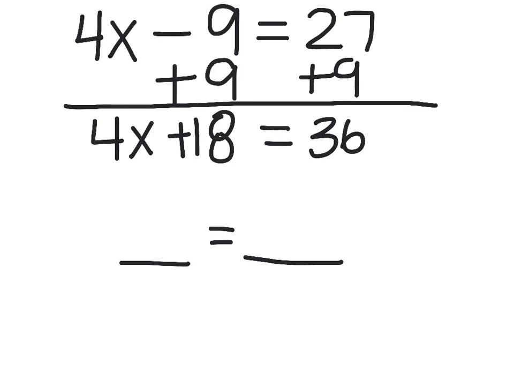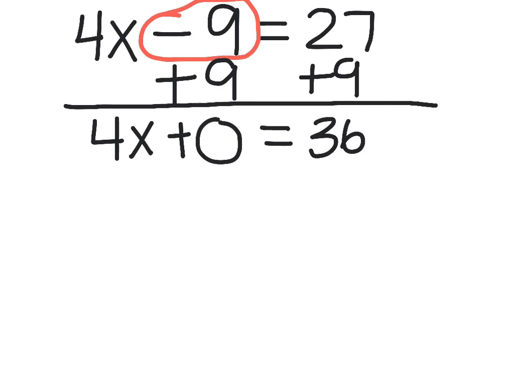What you really need to do is think about this minus 9 as a negative 9. If I'm at negative 9 and I add a positive 9, that does not equal 18. That actually equals 0. So now I have 4x plus 0 equals 36.